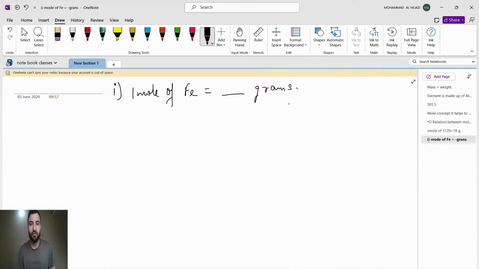First of all, we find the atomic mass of the element. The atomic mass of Fe is 56, which means 1 mole of Fe is 56 gram. They asked us to find 1 mole, so 1 mole of Fe is 56 gram. Question number 2.